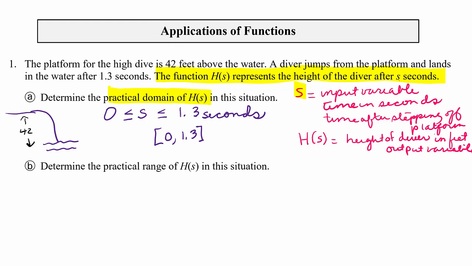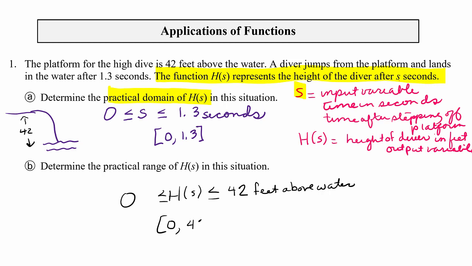He doesn't jump up and get higher than 42 feet. So our practical range, which is the variable h of s, the highest the diver ever was is 42 feet above the water. Then when he lands in the water, he's 0 feet above the water. So the practical range for this situation is the interval 0 to 42.